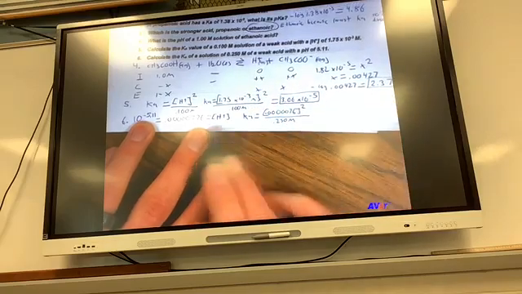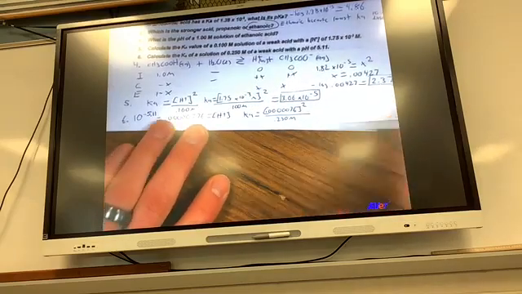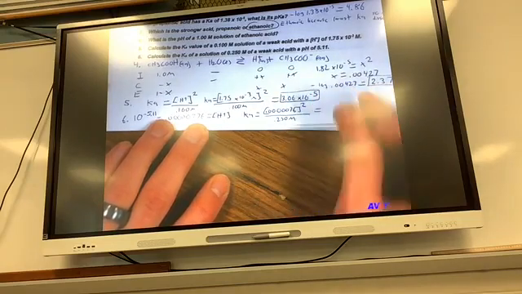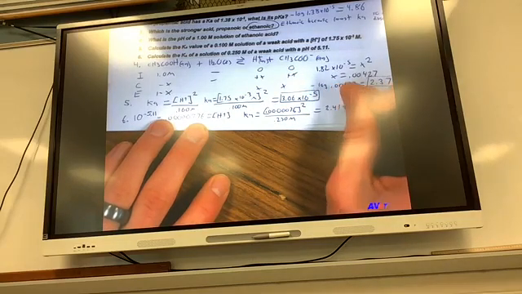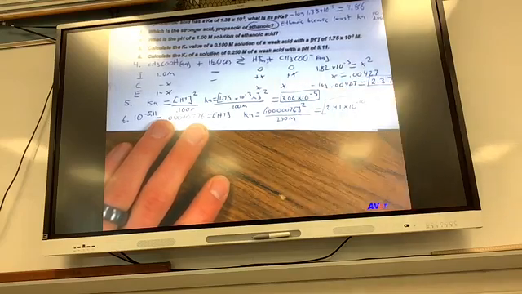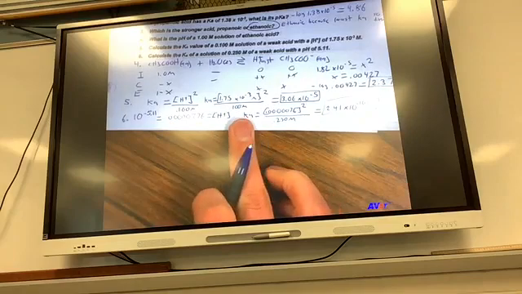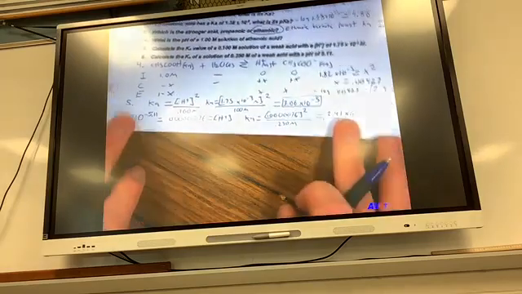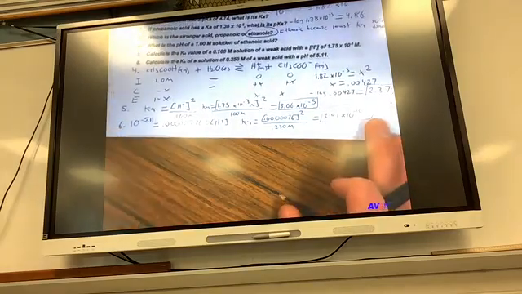That was the concentration of HA. Didn't we already find the Ka? What did you get? 2.41 times 10 to the negative 10th. So that is a very, very weak acid. Oh dear. Okay, this is not that bad.